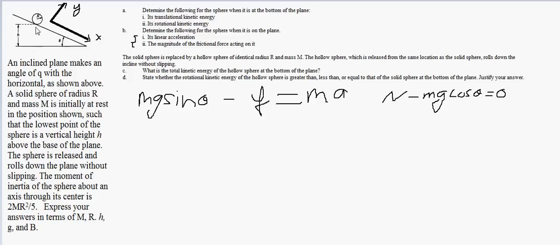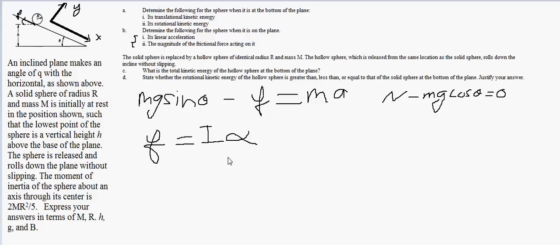In this case the only torque acting is the frictional force, because the normal force passes through the center, so it doesn't make it rotate, and the weight acts at the center. So the friction force is the only thing with a lever arm that creates a torque. The sum of the torques, which is friction, equals I alpha.